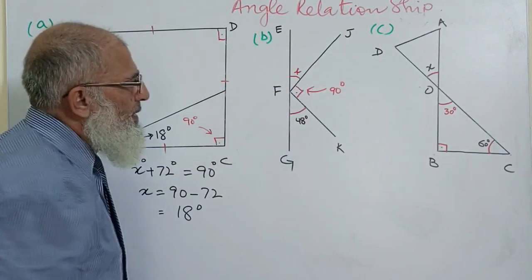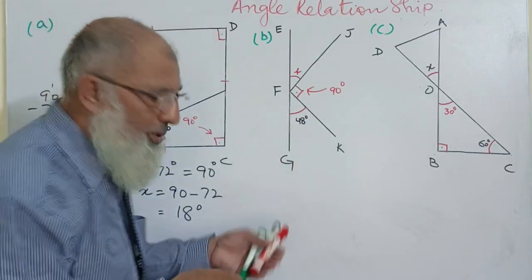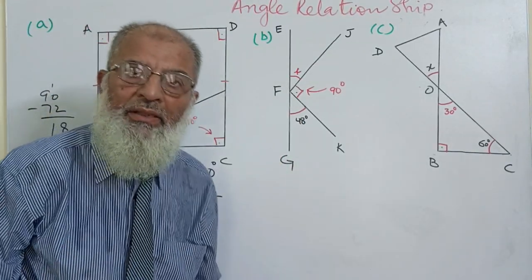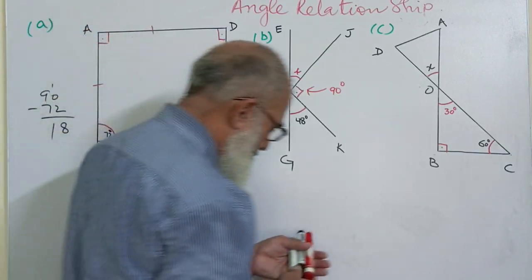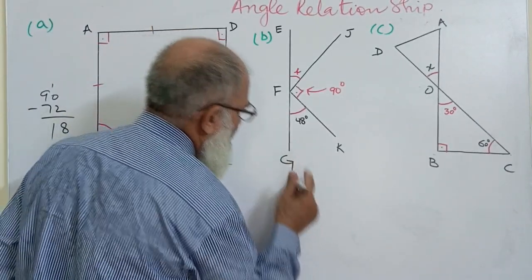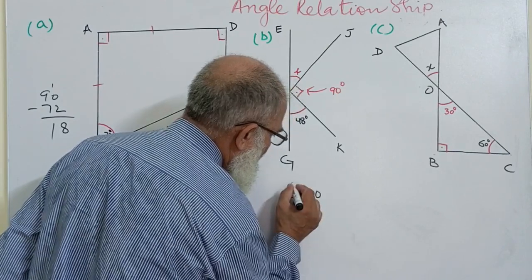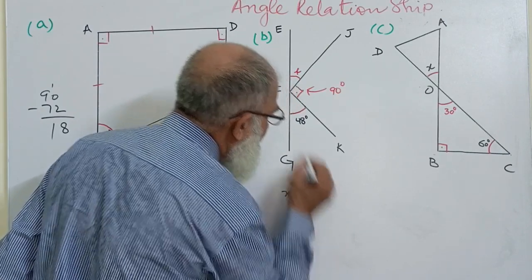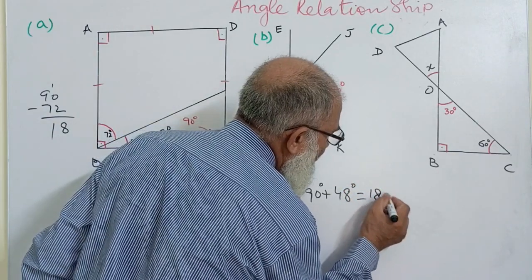All these angles constitute 180 degrees. When angles constitute 180 degrees, that means they are supplementary angles. So what we do is x plus 90 degrees plus 48 degrees is equal to 180 degrees.